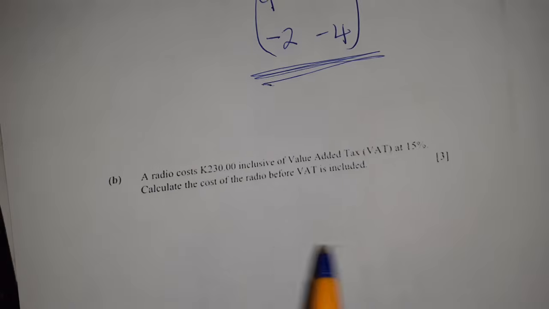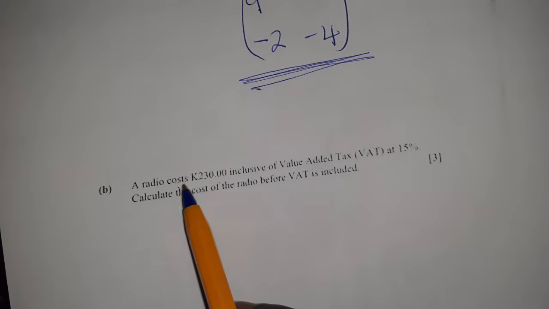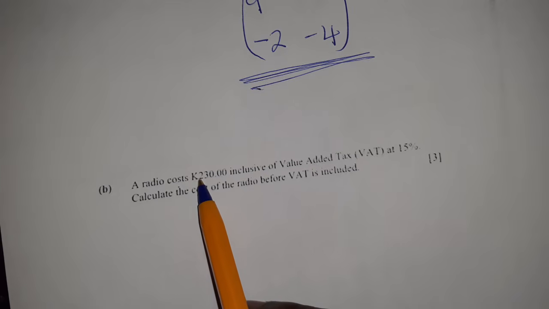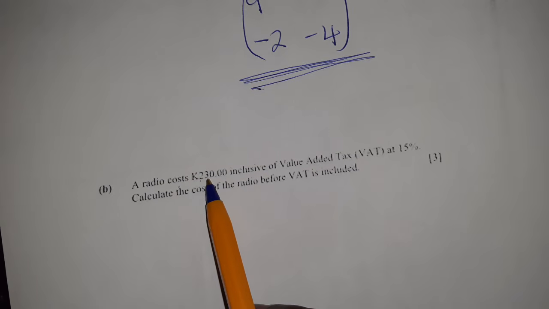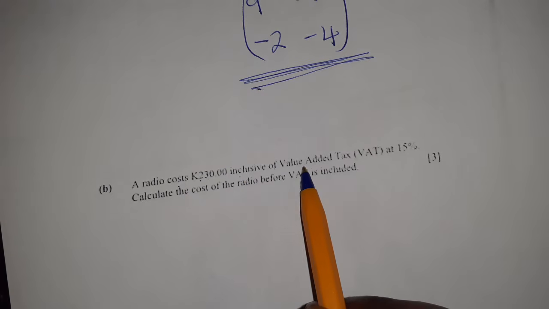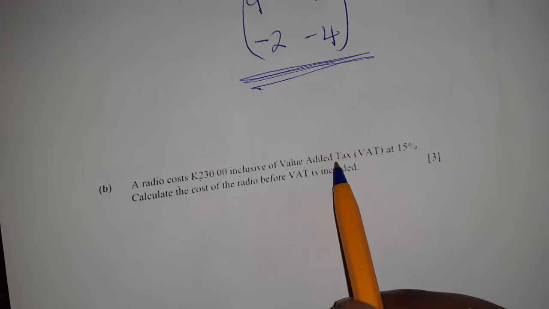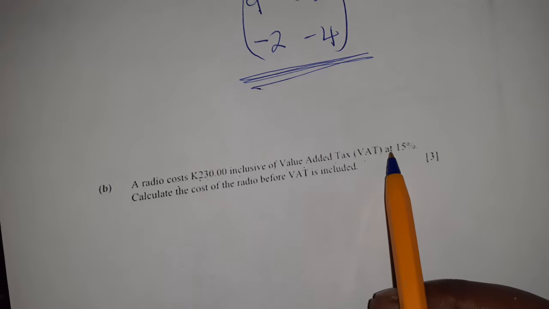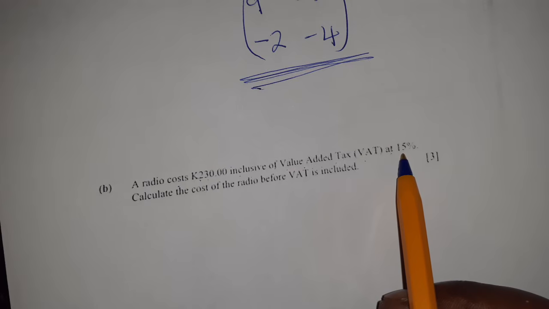So, we come to this one. A radio costs 230 kwacha, inclusive of VAT, which is value added tax at 15%.